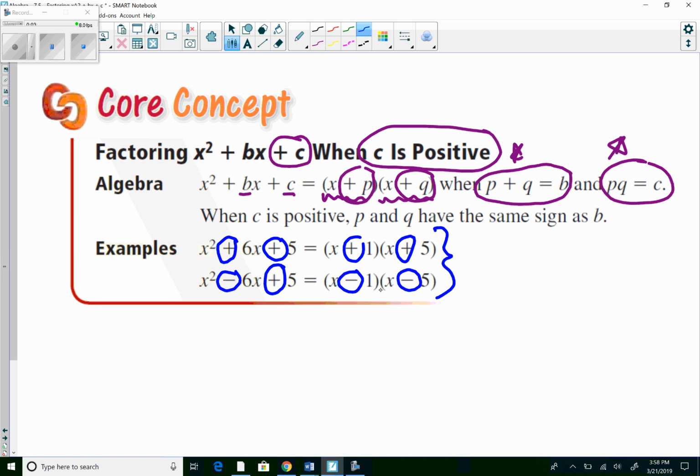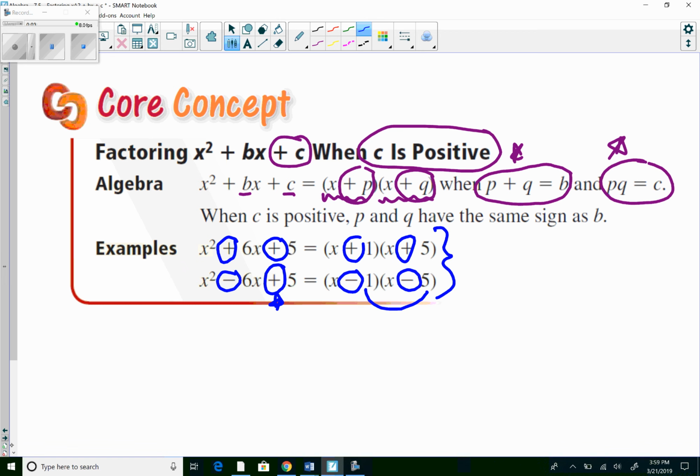Because if you think about it, when you FOIL this together, when you multiply -1 times -5, that turns positive. Okay? It's super easy to check these to make sure that you're doing them correctly. You can factor them and then try foiling your factors back together just to make sure that you got the basic idea.